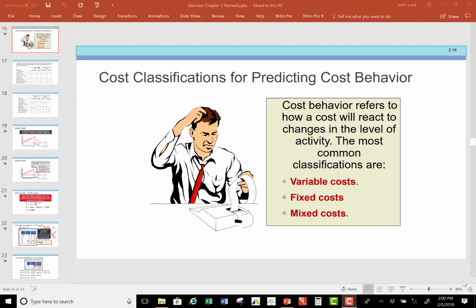So before I draw the line in, I guess it would make more sense to you visually anyway. They plot all the different points. What is our total cost at these different levels of production? And then they just pretend. They use statistics to pretend that there's a line that goes through the middle of that. And that is a way of estimating what we think our total cost will be at different levels of production.